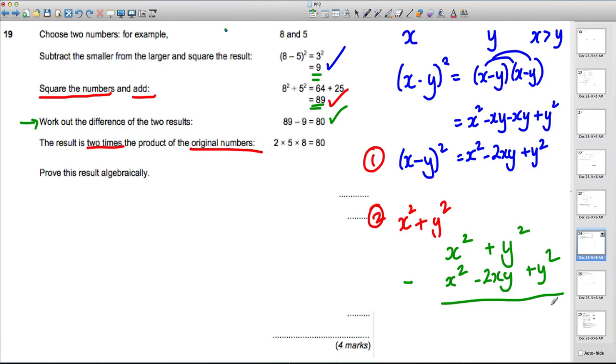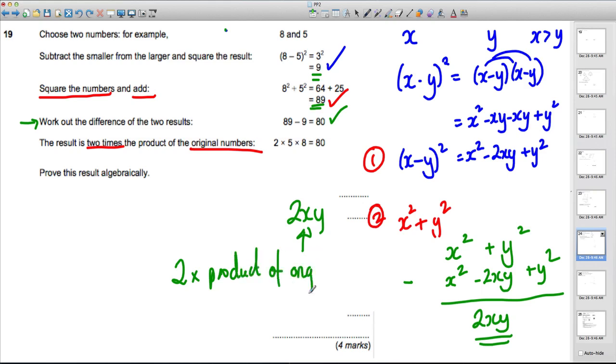Y squared take away y squared is nothing. And 0 take away negative 2xy is positive 2xy. And that, you get 2xy, and that is exactly what you wanted, 2 times the product of the original numbers. Okay, and then you're done.